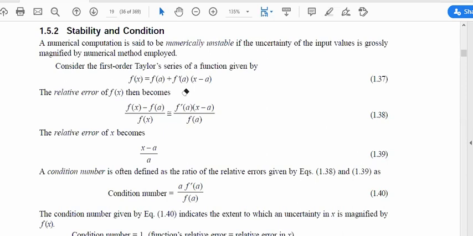This is the true function, this is the approximated function, and this is the value of the function at the point. If you simplify, you get this expression. The relative error of x becomes (x minus a) upon x. Is it clear or not, this part?